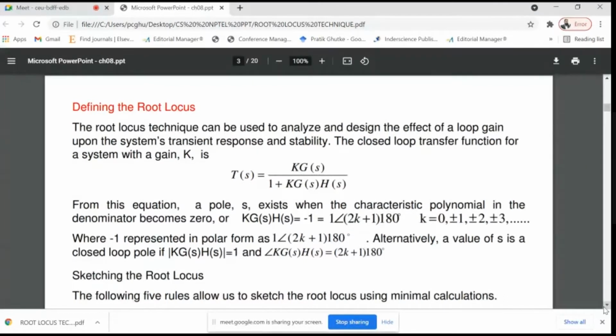The closed loop transfer function of the system with gain K is T of s equals K G of s divided by 1 plus K G of s into H of s. From this equation, a pole exists when the characteristic polynomial in the denominator becomes 0. So what is your characteristic equation? Characteristic equation, you know that CE, that is 1 plus G of s into H of s equals 0.